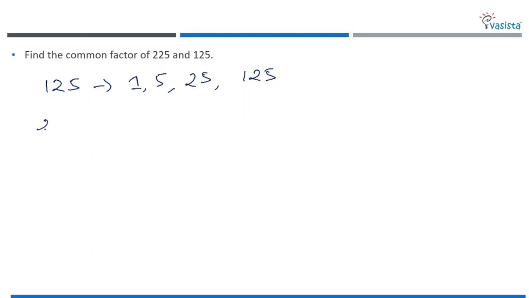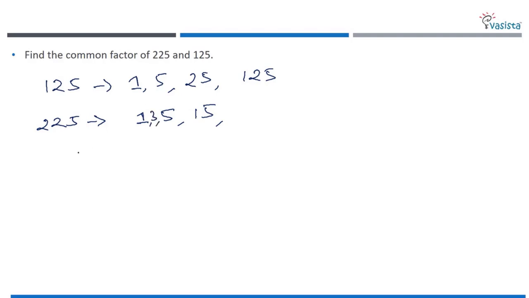Now let me check with 225. For 225, it is 1, right, 5, 15, right, 15 15s are 225, then 7, let me check out with this. 7, no, it's not possible. 3 is possible. 3 is also possible here.